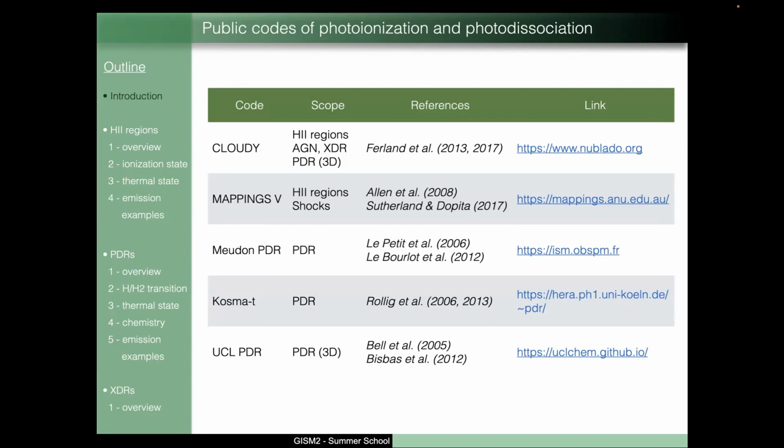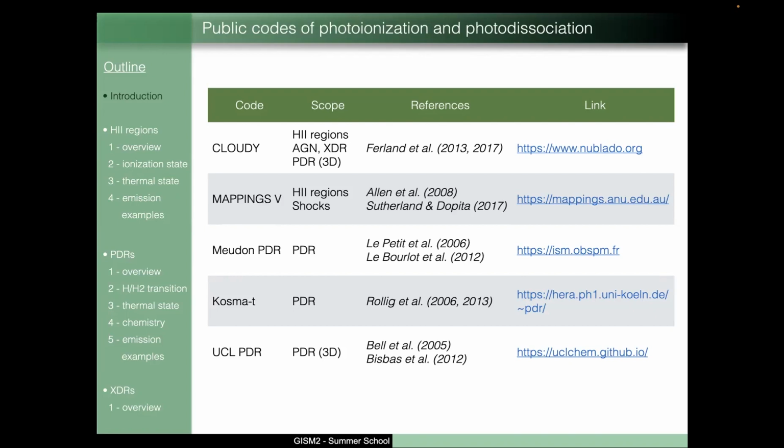A lot of effort has been made by these different teams around the world to make their codes public and available for download. You can download the code and run it yourself. In some cases, you also have access to pre-computed grids of models.